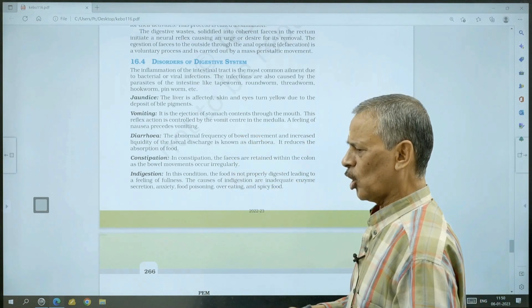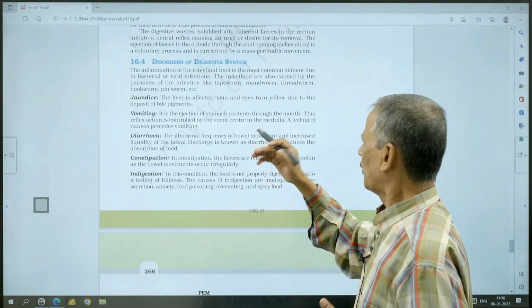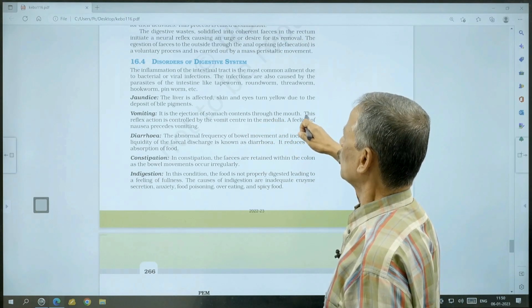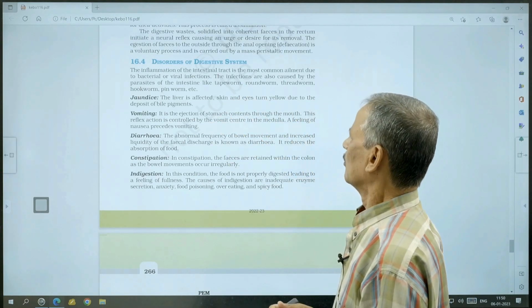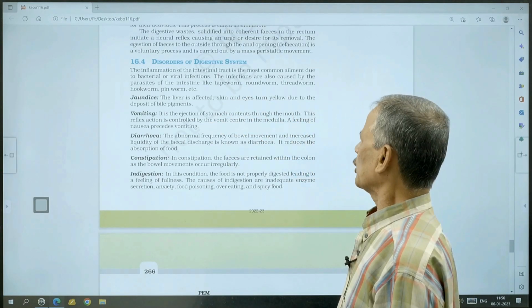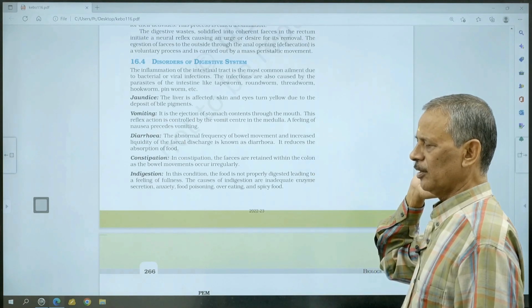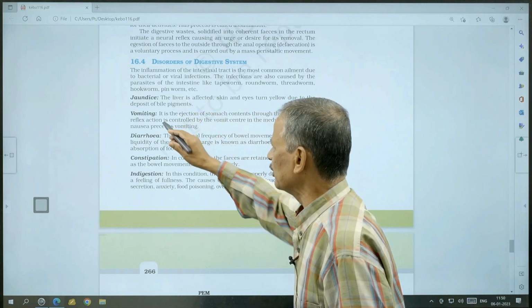Vomiting. Normally, food which has reached the stomach will not come back. But here, ejection of stomach content through the mouth may occur occasionally. That is called vomiting. This is a reflex action controlled by the vomit center of the medulla. There is a part in the medulla called the vomit center, and this regulates vomiting.